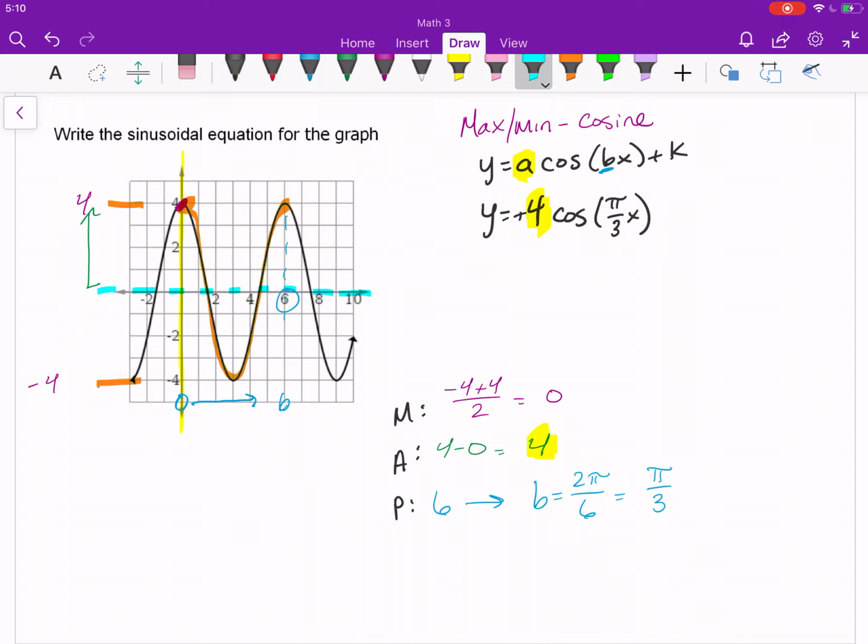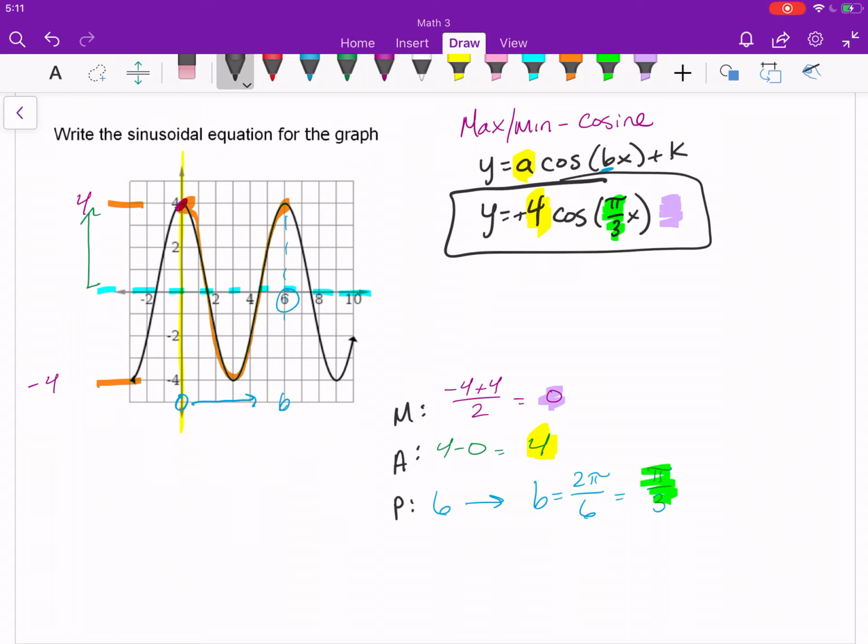So I just put that right in. Oh, don't put blue on blue. That's a mistake. So pi-thirds, so right there. And then we'll do our midline, which is just 0. So we actually don't have to put anything for the midline. I'll make a little highlight to indicate that. And there is the answer.